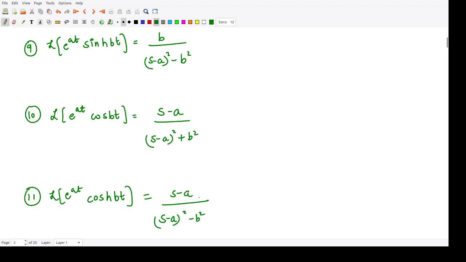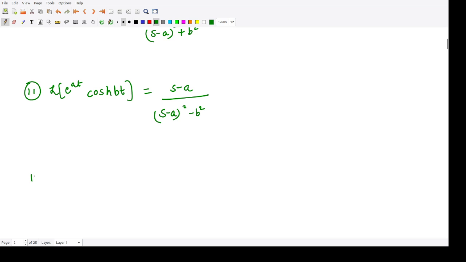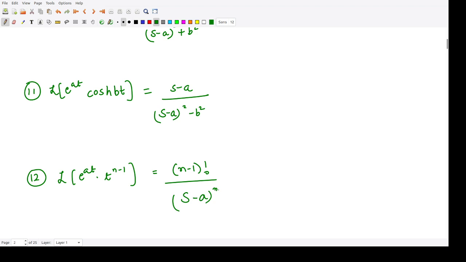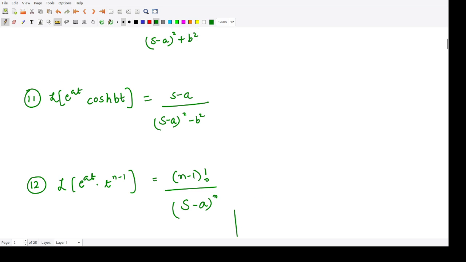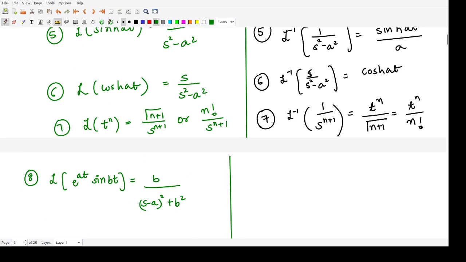And then the last shifting property is applied on e to the power at into t to the power n minus 1, that is equal to n minus 1 factorial divided by s minus a raised to power n. So corresponding to these, we can write the inverse Laplace transform. So what are those?